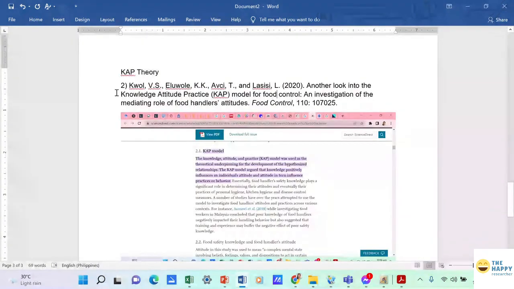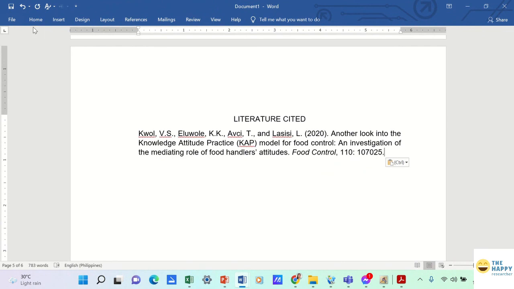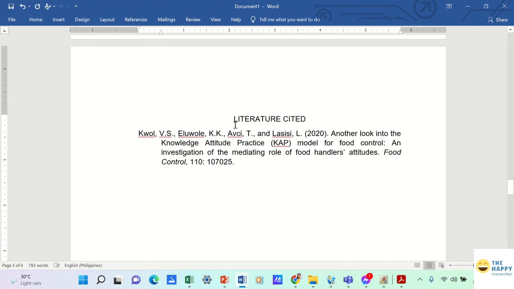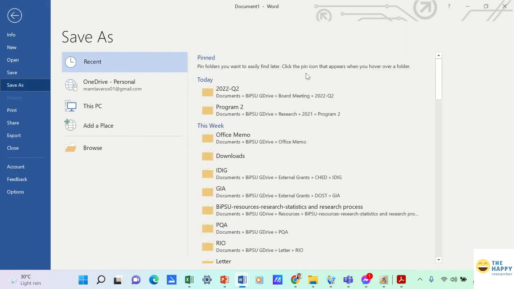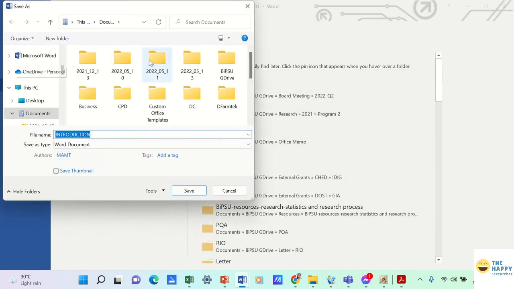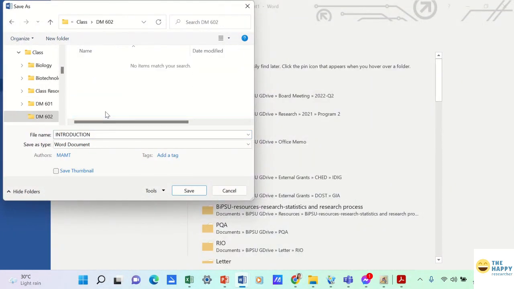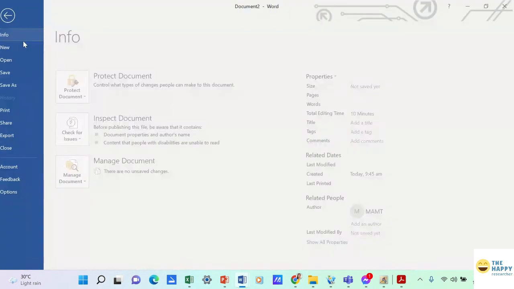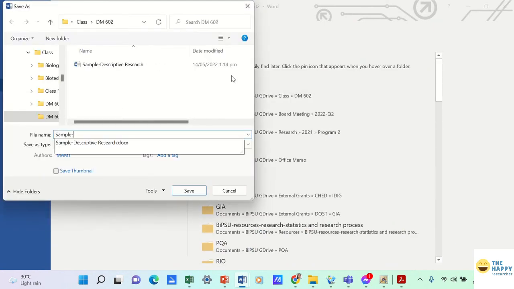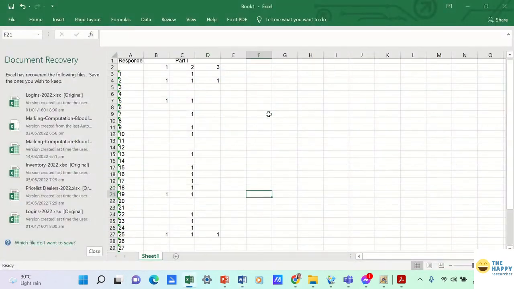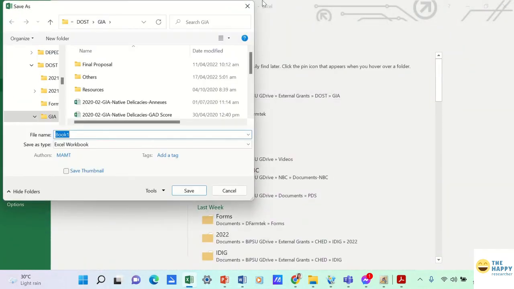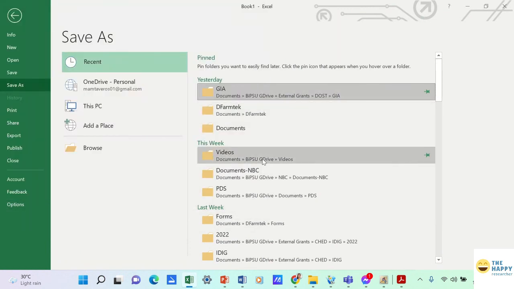So that is it. That is how you make a research anchored on descriptive research design. For your requirement, you have to show me 5 to 10 pages of a sample mock study, and you also have to give me your draft list of literature, which should be 10 literature studies.